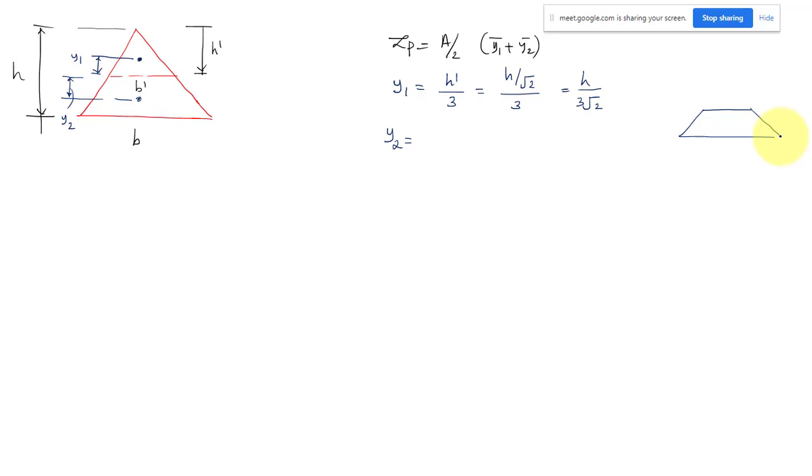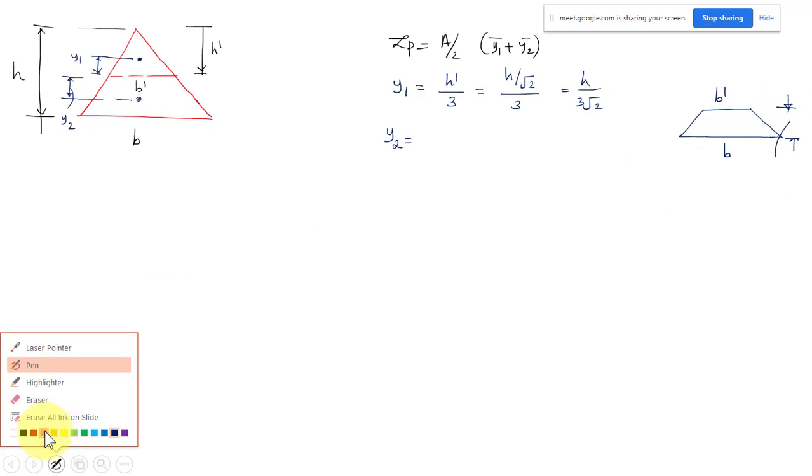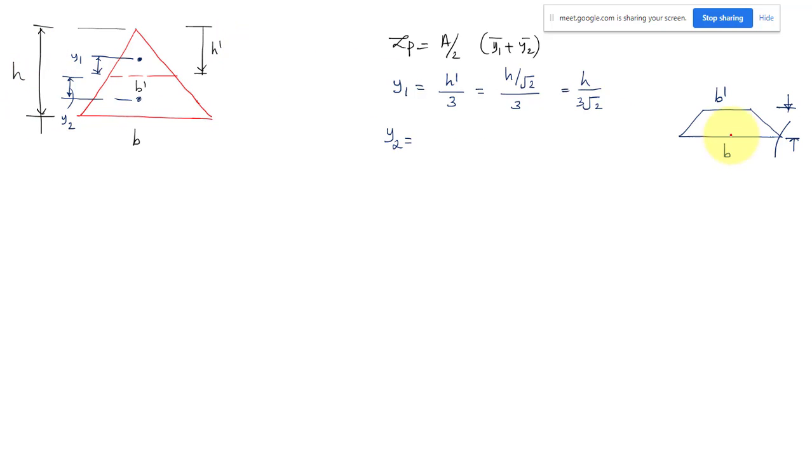This length is b dash, and this is b, and this height is h minus h dash. Then this is my cg, and the distance of cg from b dash is given by the direct equation for the trapezoid. You will know this: height by 3, that is h minus h dash by 3.